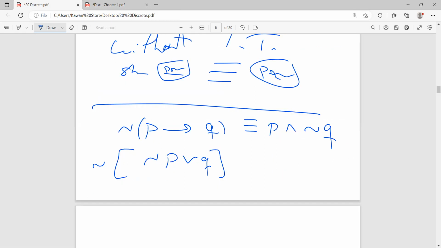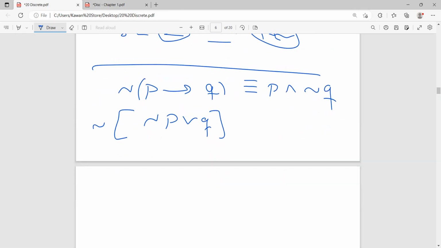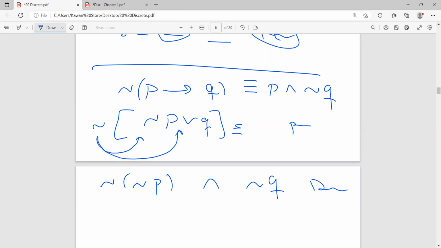Good. Now, I know by De Morgan's we have what? Negation P and negation Q, am I right? That one by the property, that one by De Morgan's. Do you have a question? What did I do? I distribute this negation to them, and you change from and to or, or to and.